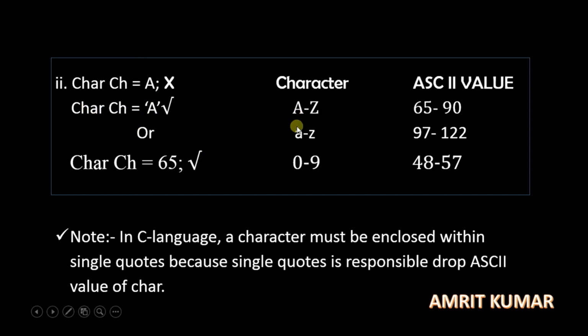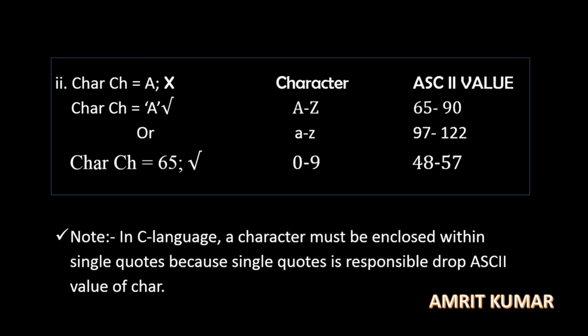We have learned about the characters from capital A to capital Z, small a to small z, and from 0 to 9, whose ASCII values are from 65 to 90, from 97 to 122, and from 48 to 57. So note one thing.